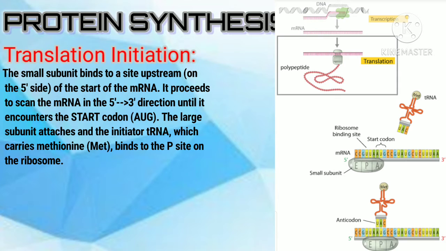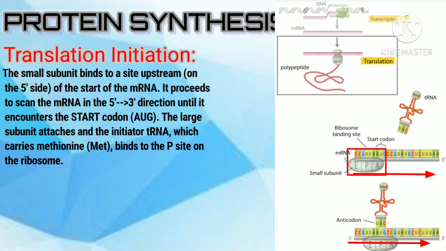Now, let's move on to translation initiation. In this process, the small subunit binds to a site upstream on the 5' side of the start of the mRNA. It proceeds to scan the mRNA in the 5' to 3' direction until it encounters the start codon, which is AUG.